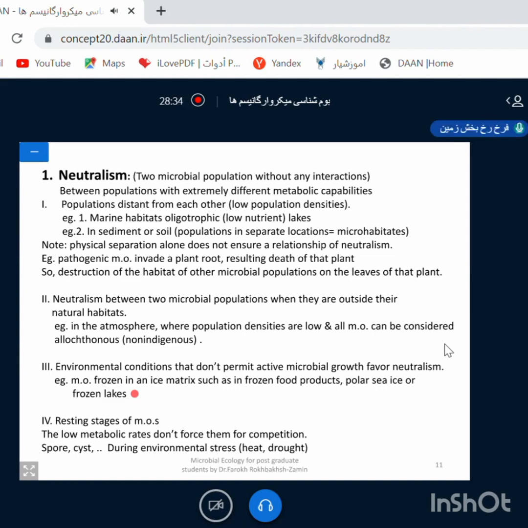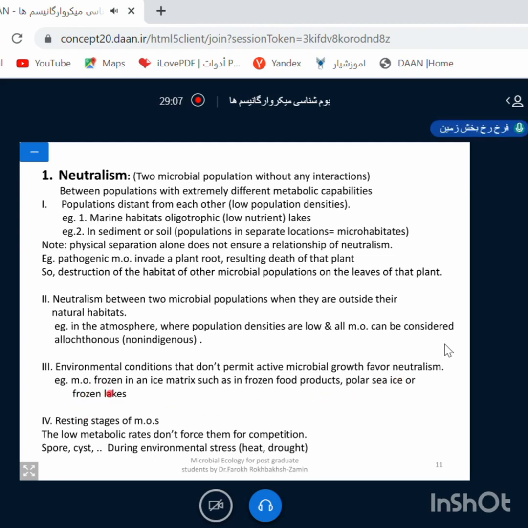When we say neutralism, it means there is no interaction of a microbe with other microbes and no interaction with the non-living environment, the non-living substrates present in the food. Environmental conditions that don't permit active microbial growth favor neutralism.